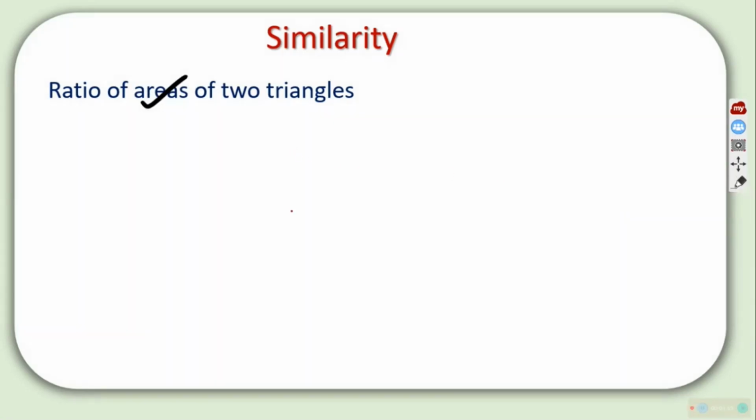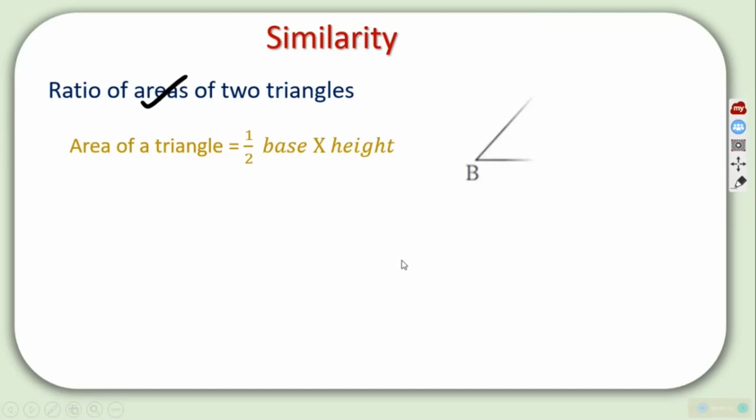And area, we know that area of triangles are calculated by the common formula half base into height. This you have learnt in 7th standard according to me. And if base is given, height is given, you can calculate the area of a triangle. Now, there are two triangles here, not one. Two triangles. So how the area will be calculated?